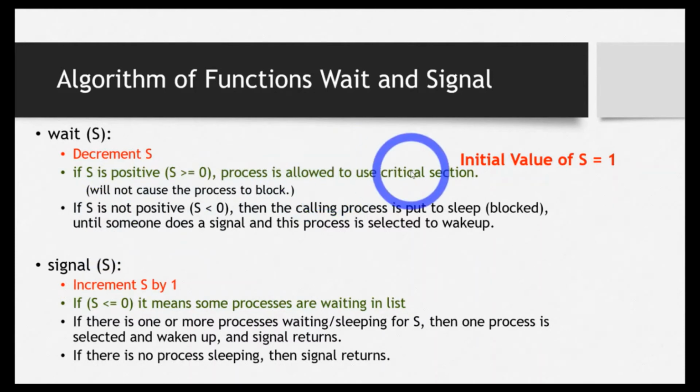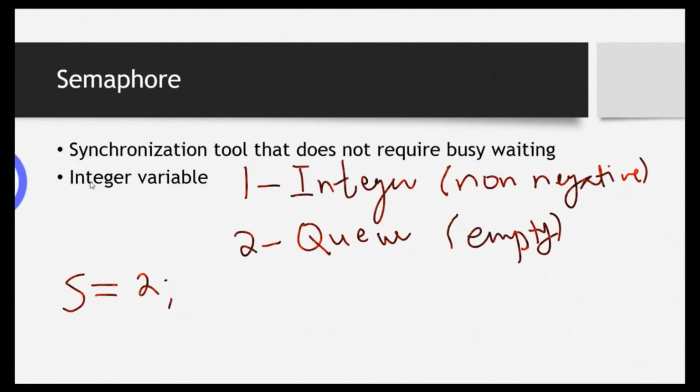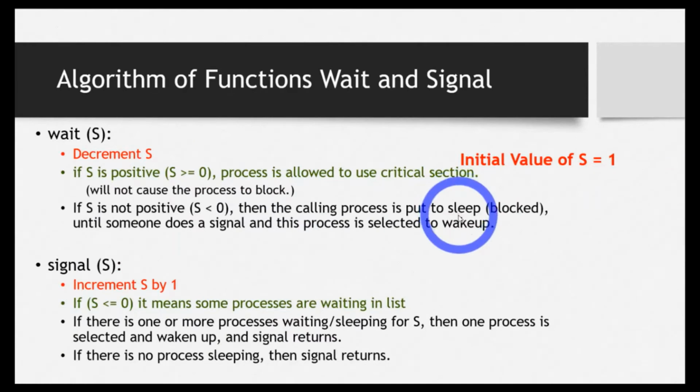By saying that it is allowed to use the critical section, we mean that the process is not blocked. And if it is not positive, if it is less than 0, it is negative, then that process is blocked, or we can also say put to sleep. So that process is actually put in that queue we were talking about, this queue. So this process is put to sleep in that queue, blocked until some other process comes and calls the signal function.